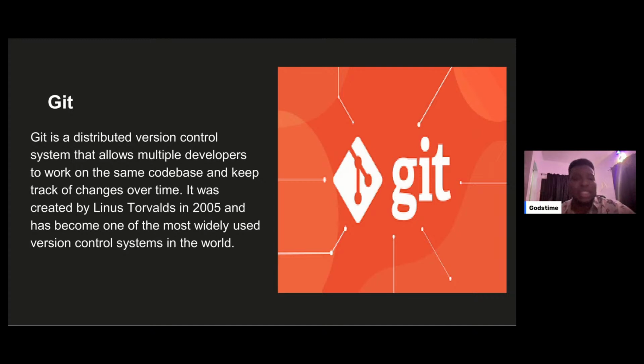In the centralized, we have Subversion, and in distributed, we have Git. So next time you are asked what are the types of version control, don't say Git. The types of version control are distributed and centralized, and Git is an example of distributed version control.